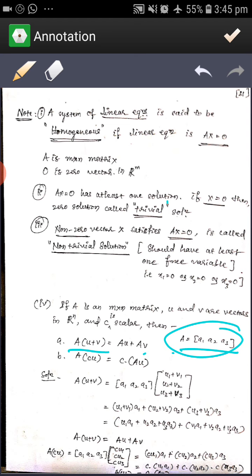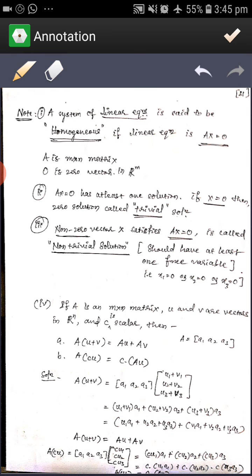Then A into u plus v, just cross multiplication, gives a vector in the form of u1 a1, u2 a2, u3 a3 plus the same for v. So this vector we can write as Au, and this vector as Av.